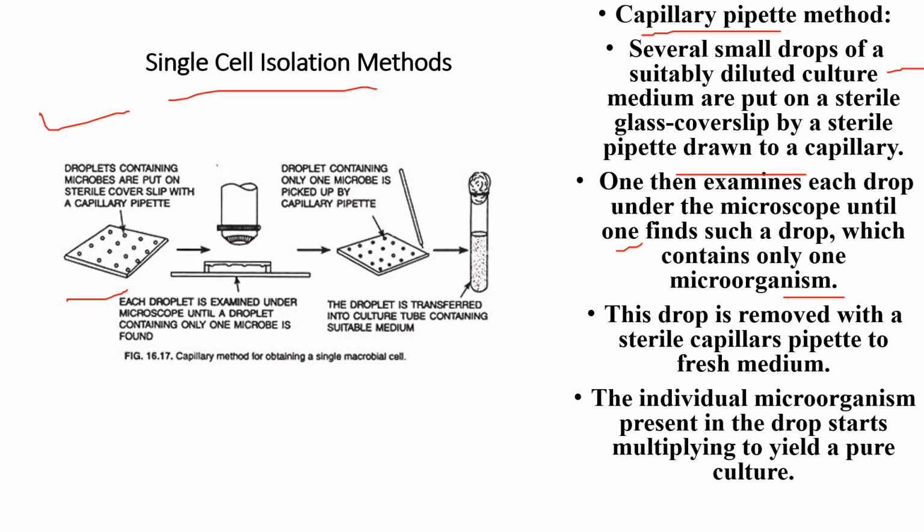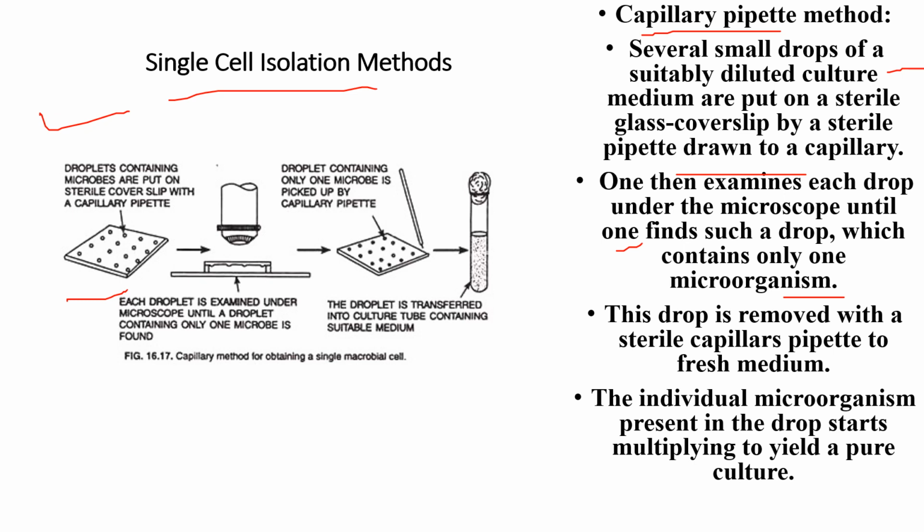As you can see in this picture, this is the glass cover slip containing several diluted culture drops containing microorganism cells. This cover slip will be examined under the microscope to search for a drop which contains only a single cell.